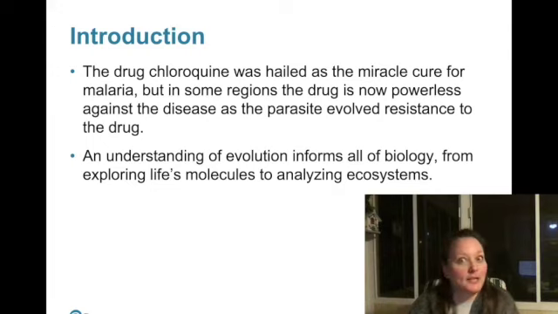So just to be clear, evolution is not just humans came from monkeys, which, by the way, nobody ever said, or at least no one in the science community ever said. Darwin did not say it, but we'll get to Darwin in a little bit. Understanding evolution informs all of biology, from exploring life's molecules to analyzing ecosystems.